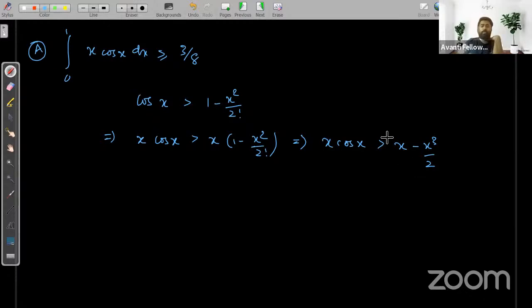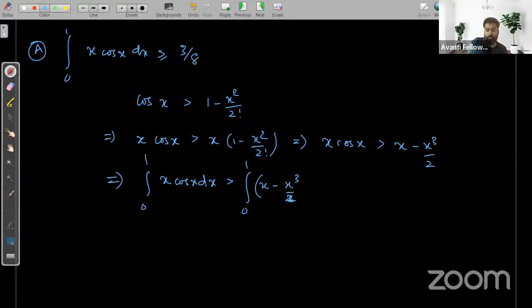Now integrate both sides with respect to x from 0 to 1: the integral of x cos x dx will be greater than or equal to the integral from 0 to 1 of x minus x cube by 2 dx.